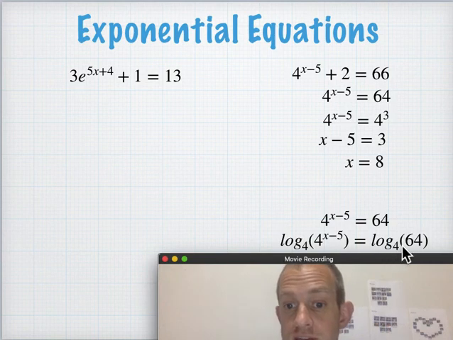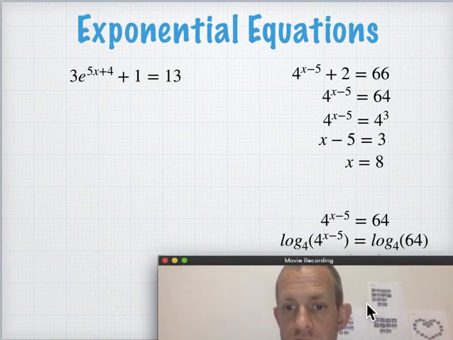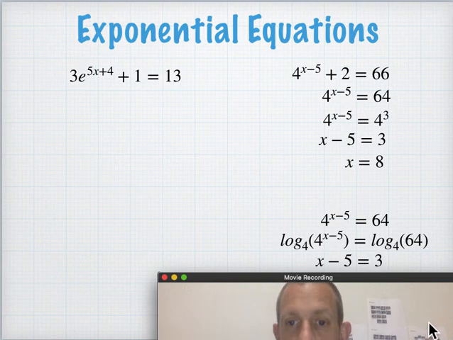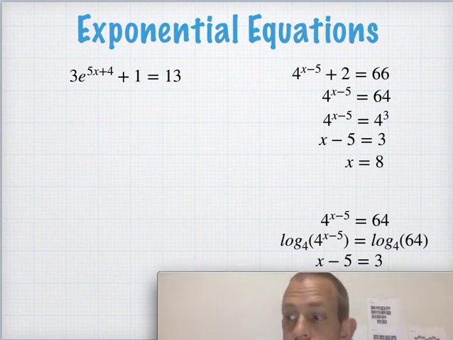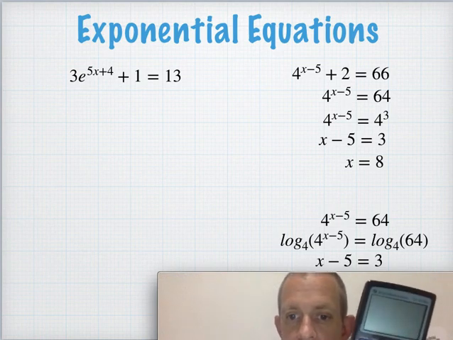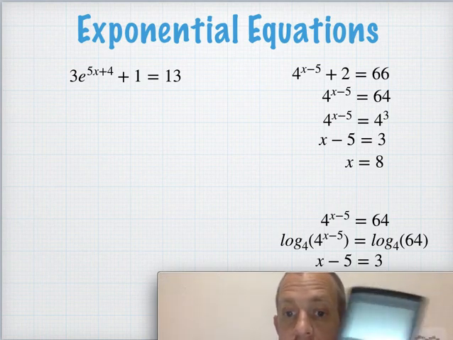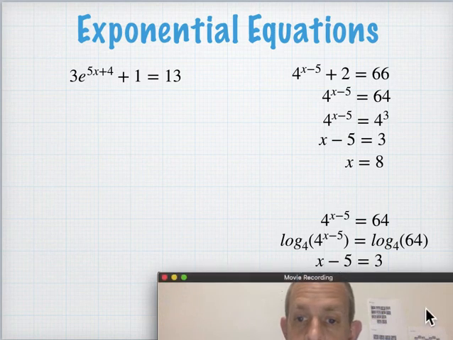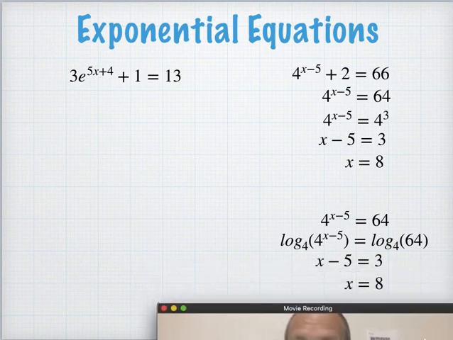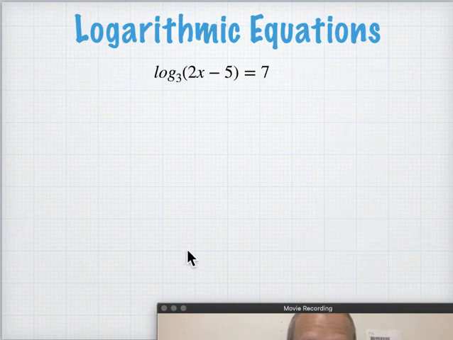On the right-hand side, log base 4 of 64 happens to be the number 3. It's the power that's required to bring 4 up to 64 is 3. Or on one of these calculators, you could type log of 64 divided by log of 4 and get your 3. So either way, we end up with an 8 as an answer. So that's exponential equations. Whew.